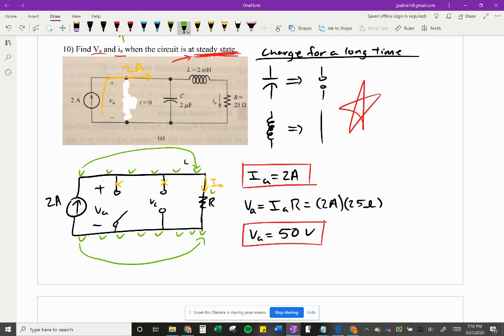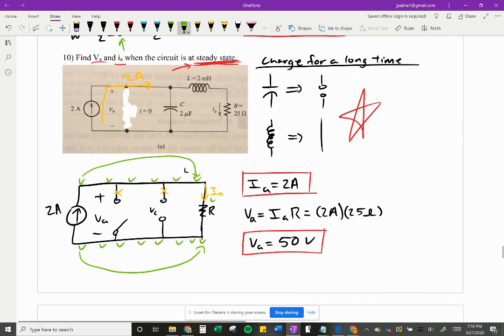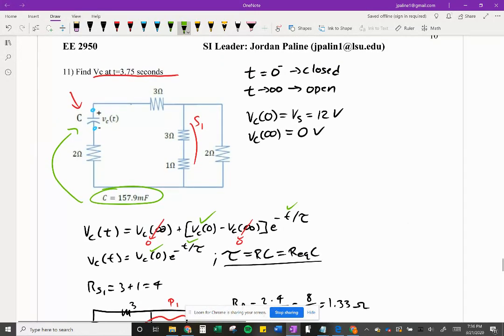And I know the current running through it, know the resistance value. V is equal to I A times R, 2 amps times 25 ohms, 50 volts. Easy peasy. Okay, so knowing what these do at steady state, super, super powerful. All right. Now here.